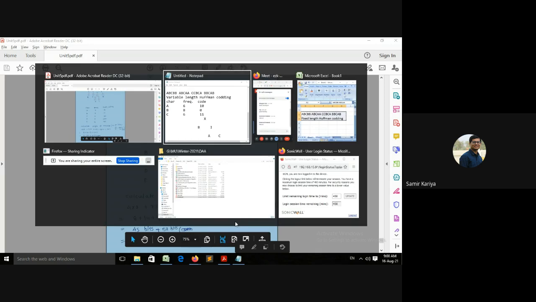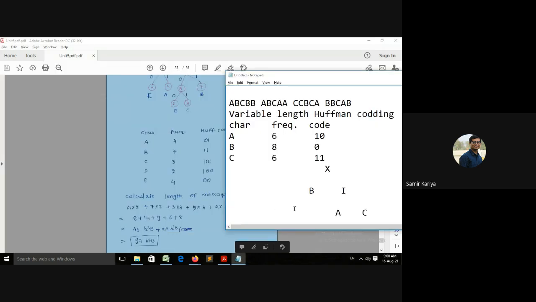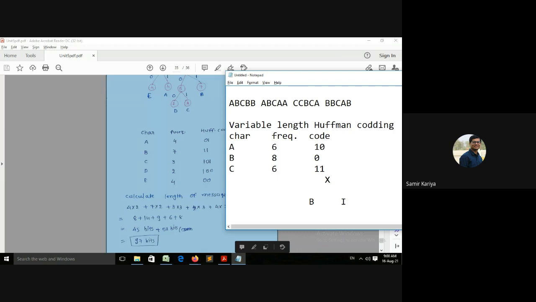Or let's write it this way also. For example, this is our complete message. Here, writing capital A, that's 10. B, 0 only. C, that's 11. Again B, 0, again B. So these 5 characters are complete. Similarly, you write the complete message and just count the number of bits.